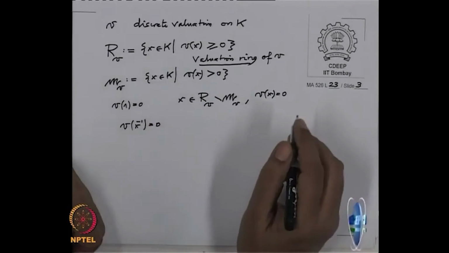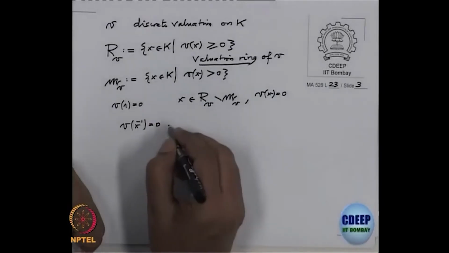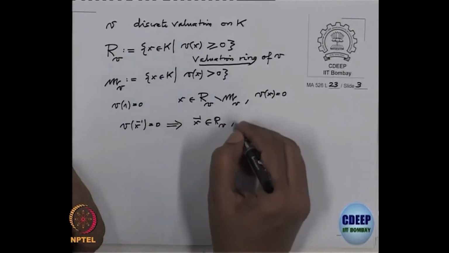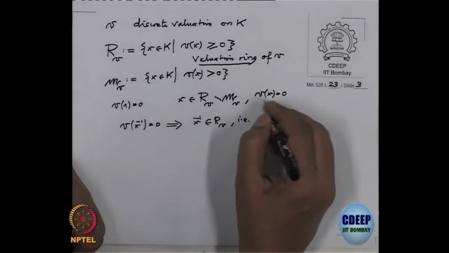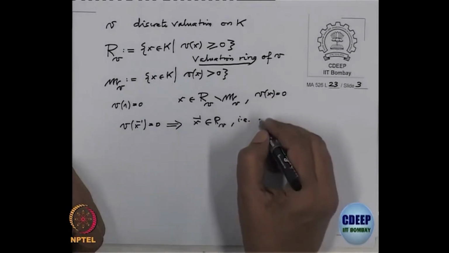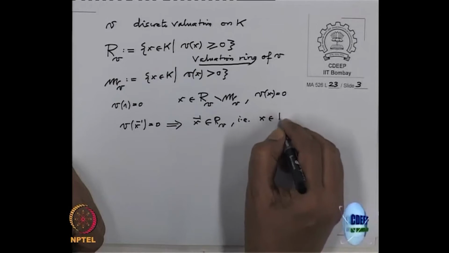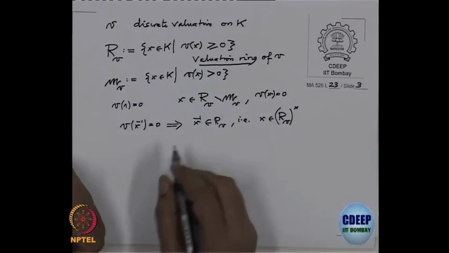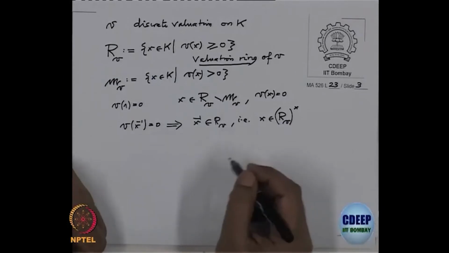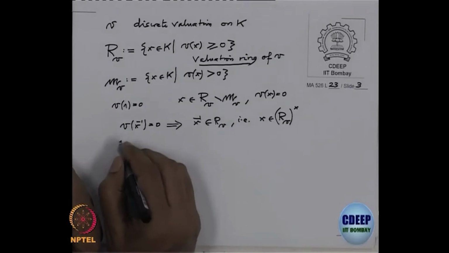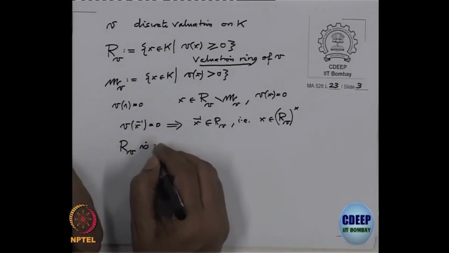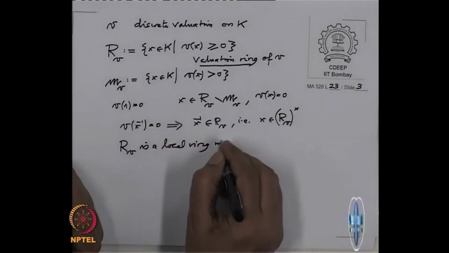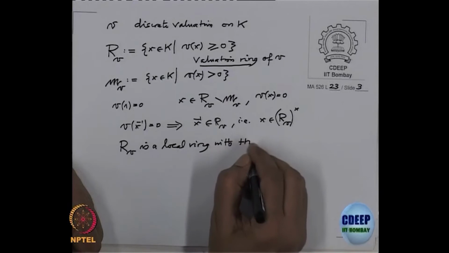So, x inverse will belong to RV. That means all those x for which V of x is 0 are units in RV. Therefore, the non-units form an ideal. This shows that RV is a local ring with the maximal ideal MV.